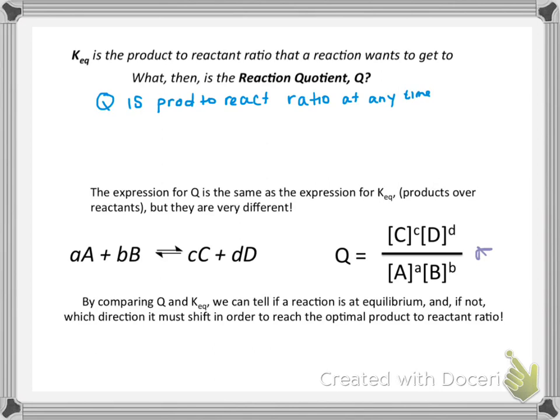It's the ratio of products to reactants at any given time. Usually we refer to this as what it would be at our initial scenario. At any time we could be at Q, but the goal is to always get to equilibrium, or to get to that ratio of KEQ.